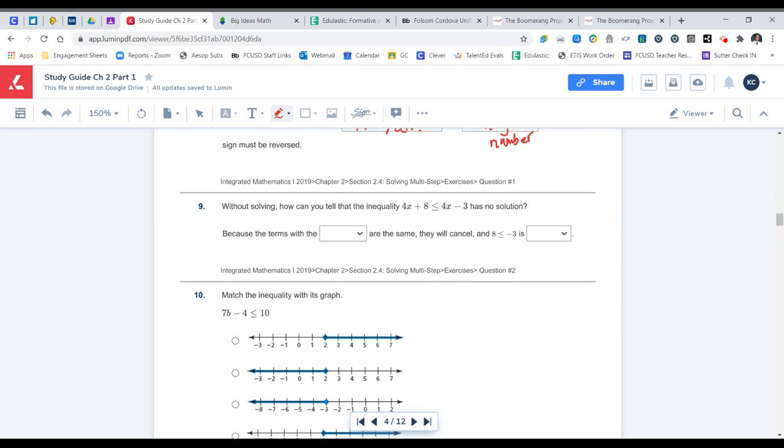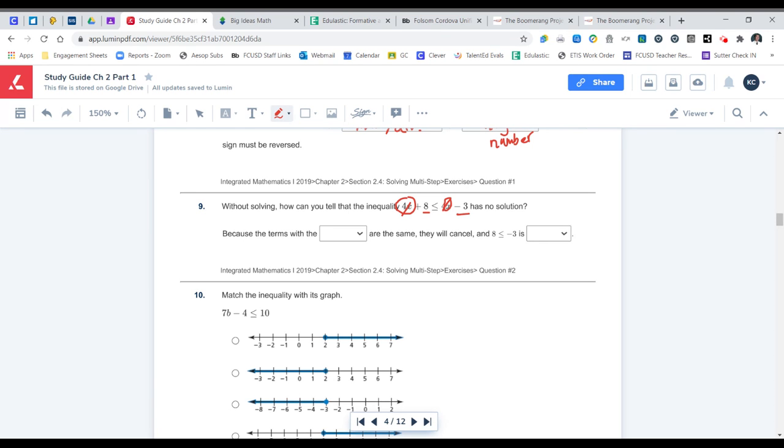Without solving, how can you tell that the inequality, this, has no solution? Well, this is what we got to towards the end of Wednesday's class. We have the same number of x's, so we can just take those away because we're going to subtract them, and then we have to just compare the integers. 8 and -3. And it's saying that +8 is less than or equal to -3.